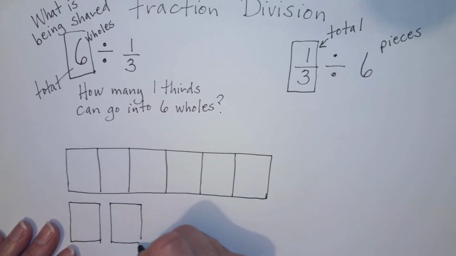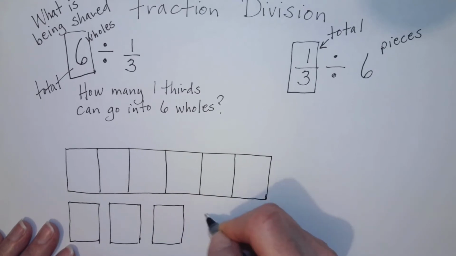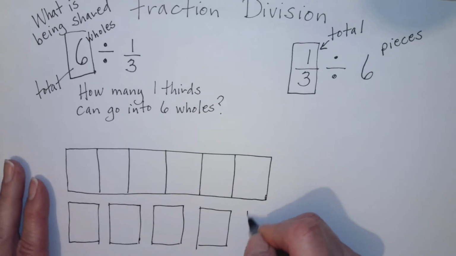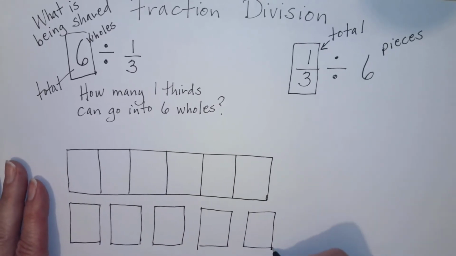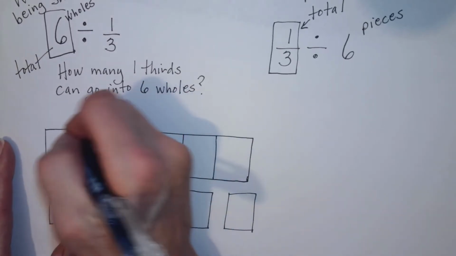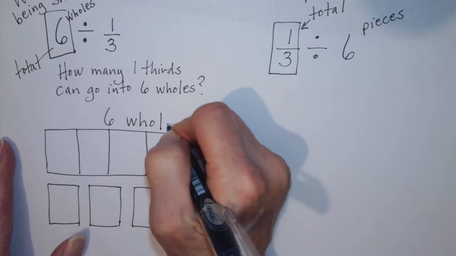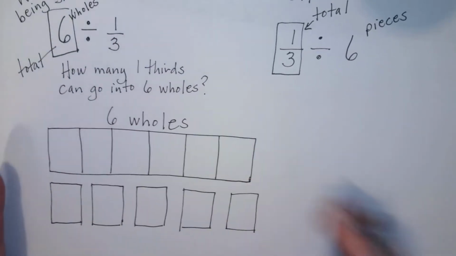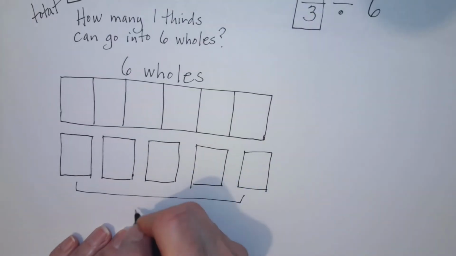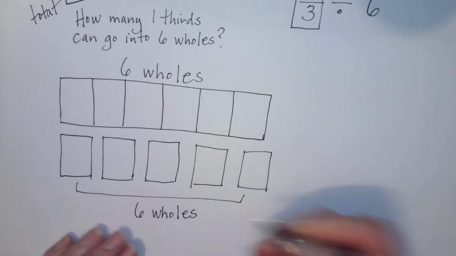I'm doing it both ways because I've seen it on tests both ways, and I don't want you to get confused. They probably on top would say 6 wholes. This shows 6 wholes. This also shows 6 wholes. That's the first thing we have to understand.